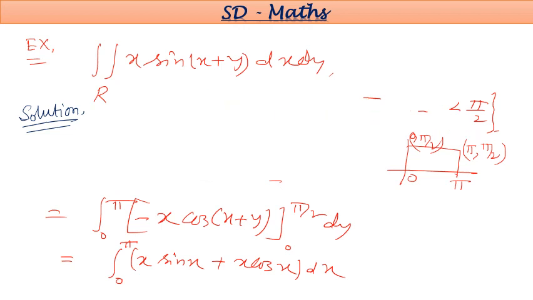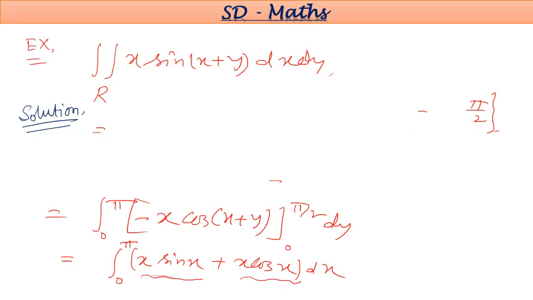So in our next line, now I am doing integration by parts for this part and this part. For this part, look at a simple by parts calculation: minus x cos x with limit 0 to pi, and then minus integral 0 to pi of cos x dx.